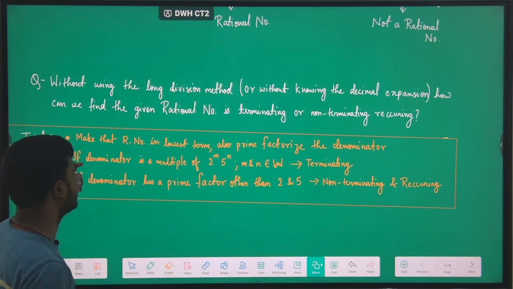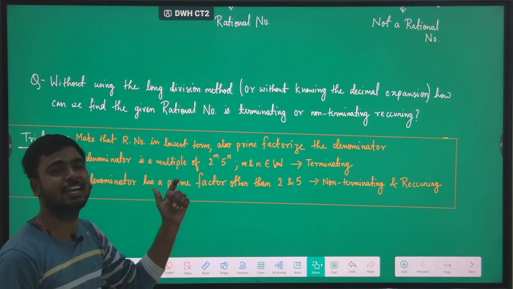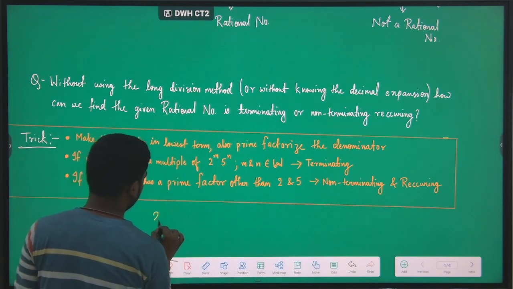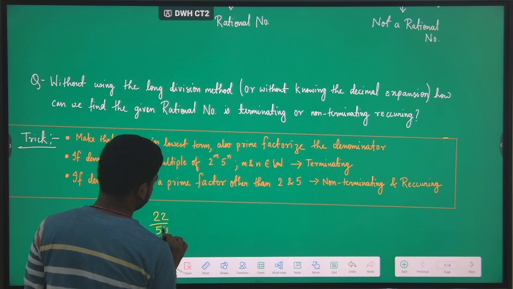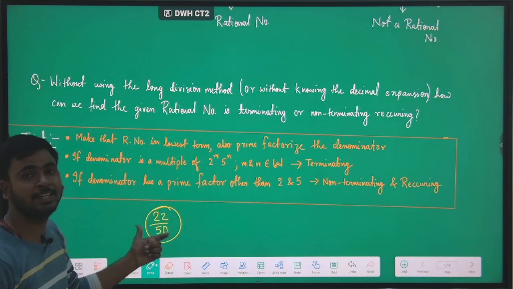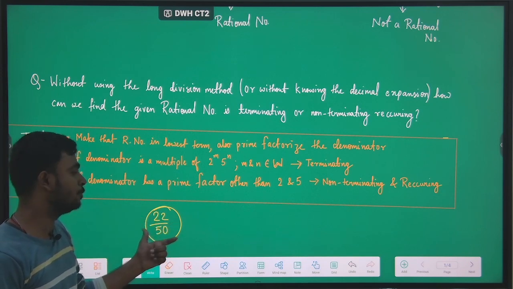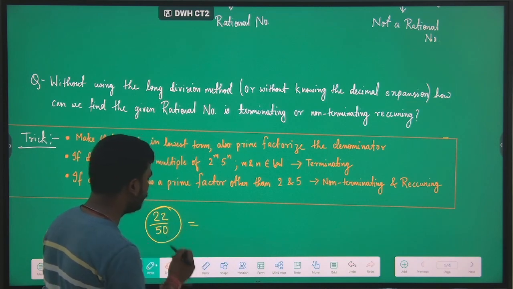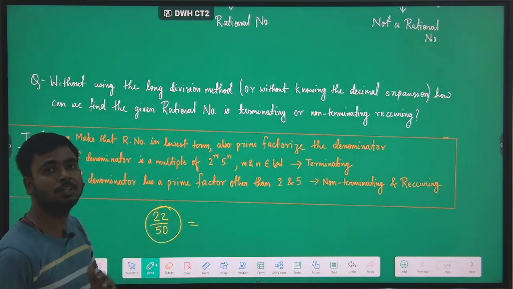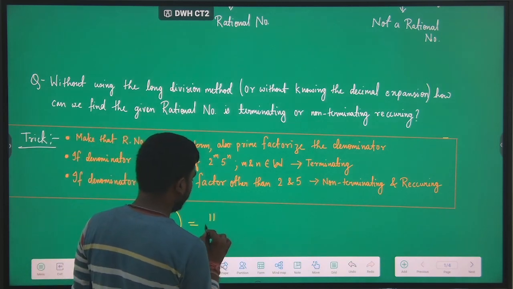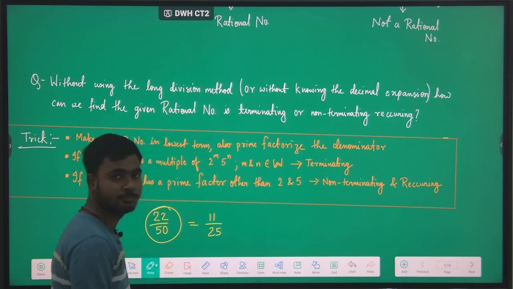The trick is, first of all, whatever the rational number is, let us suppose it is 22 upon 50. First we have to make this rational number into its lowest terms. We know that 22 and 50 are both divisible by 2, so we can write this number as 11 upon 25.